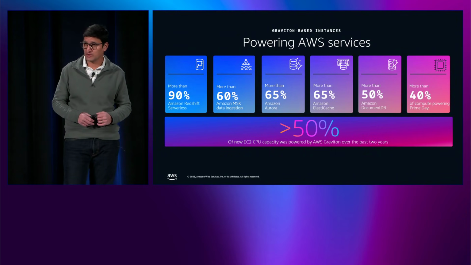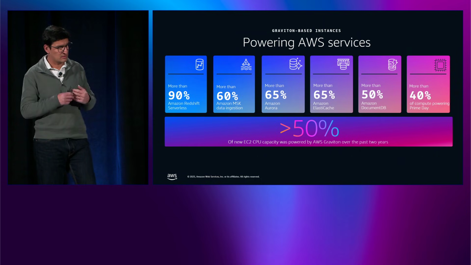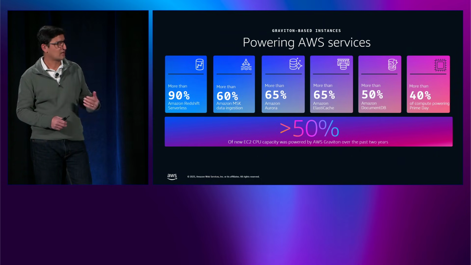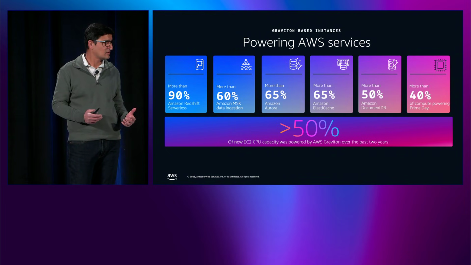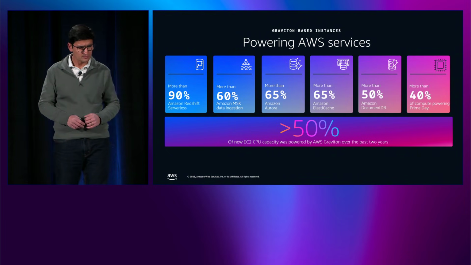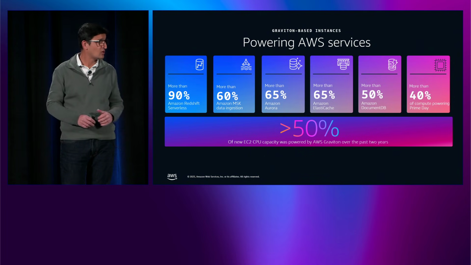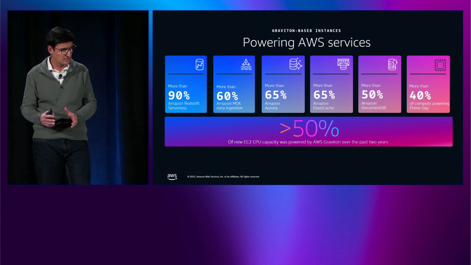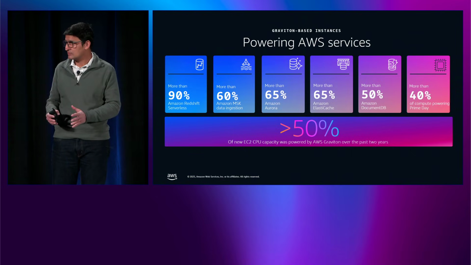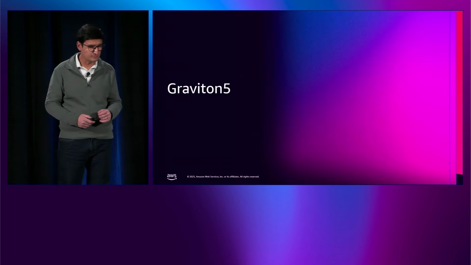Managed streaming for Kafka, MSK, Amazon Aurora, RDS, over 60% of all of these services run on Graviton. And overall, across EC2, over 50% of EC2 CPU capacity over the last 2 years is Graviton.